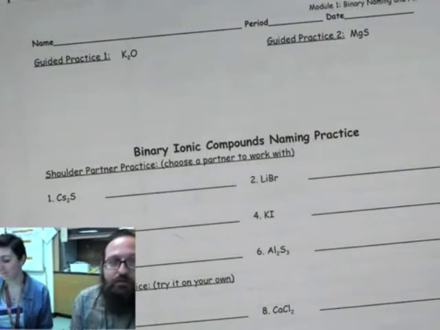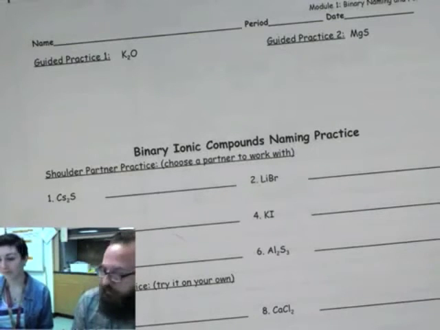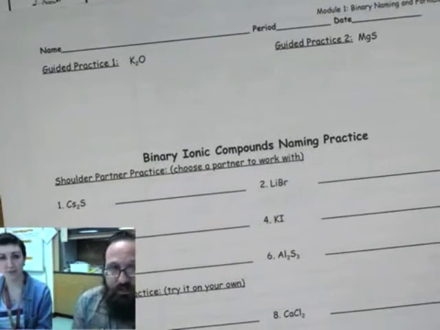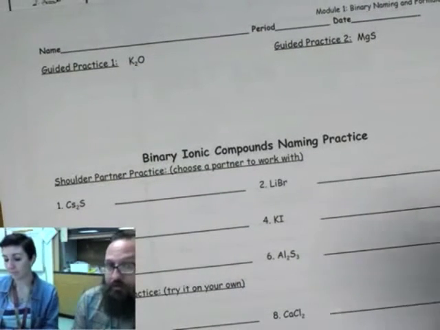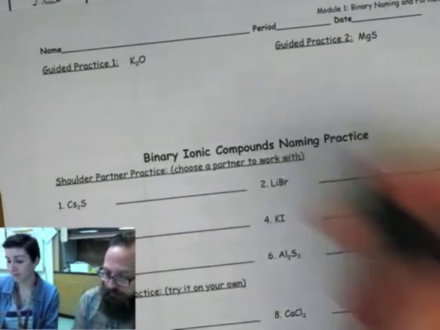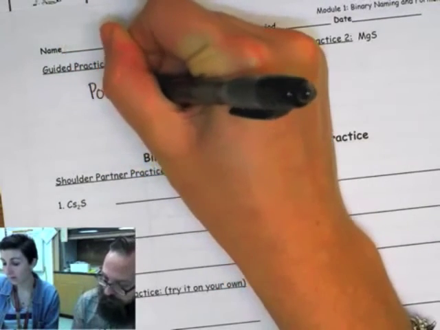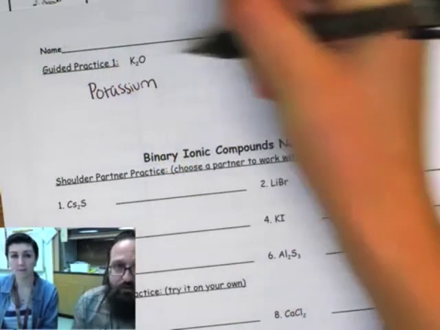Okay, let's take a look and see what we got here. We've got potassium and we've got oxygen. So we just name our first metal again. We went through our flow chart, got to the same place again, and we get potassium, and then oxygen is going to turn to oxide.